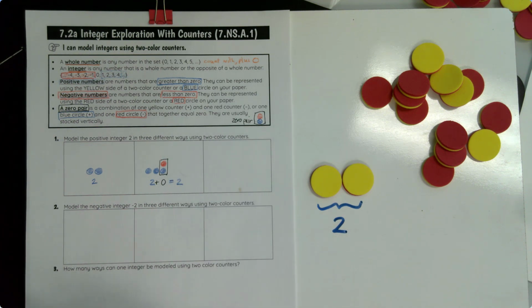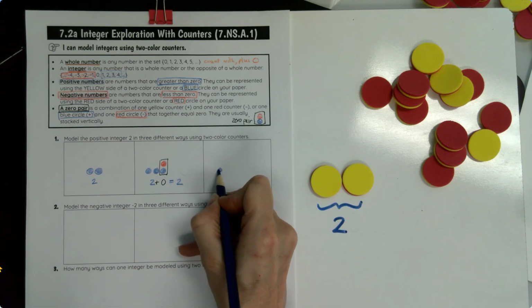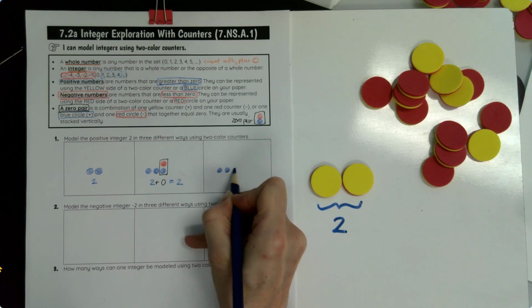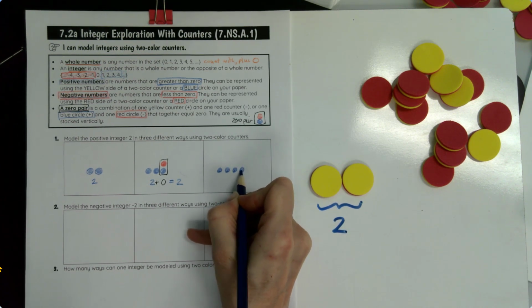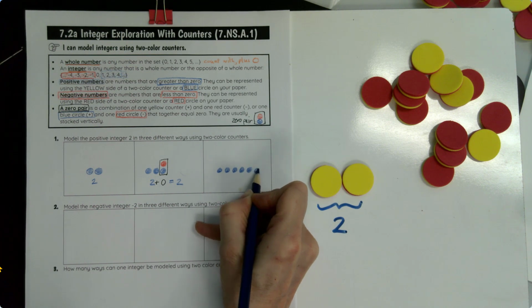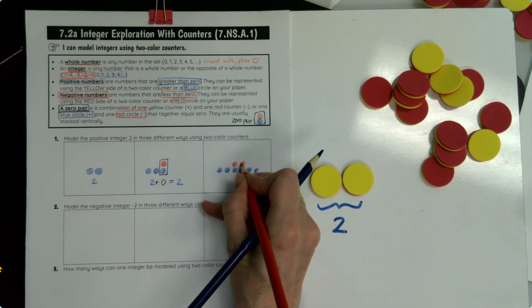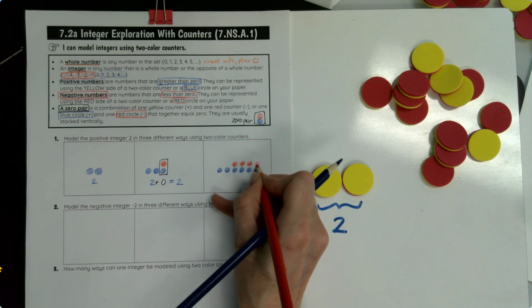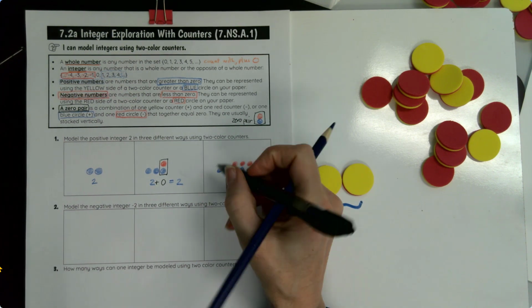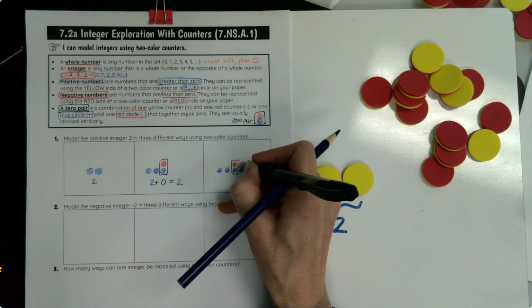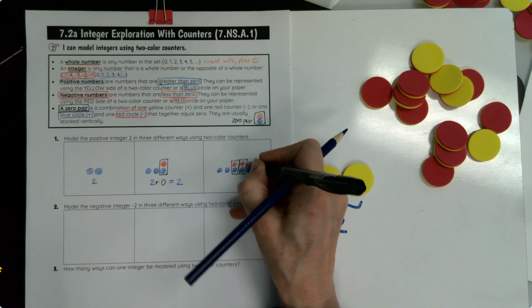So if I want to do it another way, I could do my normal 2, and then I could put, say, 4 0 pairs on. It doesn't really matter how many I do, because as long as they're zeros, I can use as many or as few as I would like. So in this case, I have 4 zero pairs that I've added on.